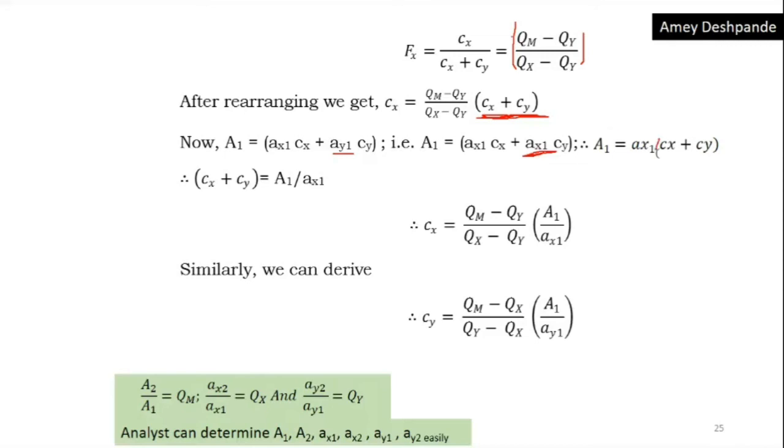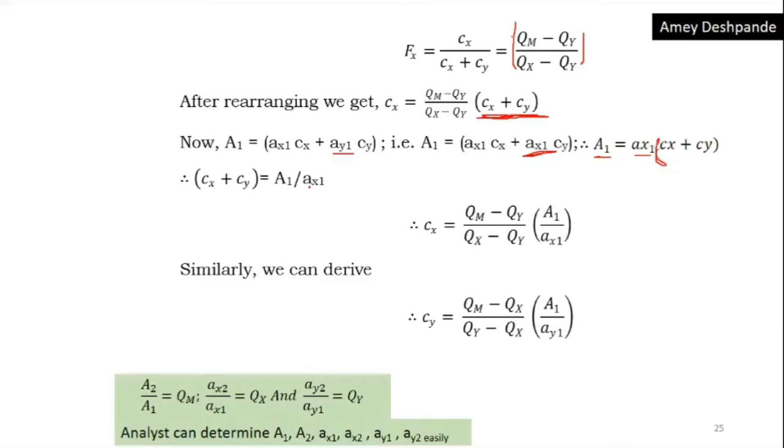Yes, I will take Ax1 common, so I get A1, that is absorbance at first wavelength, is equal to Ax1 multiplied by Cx plus Cy. So Cx plus Cy is equal to A1 divided by Ax1.